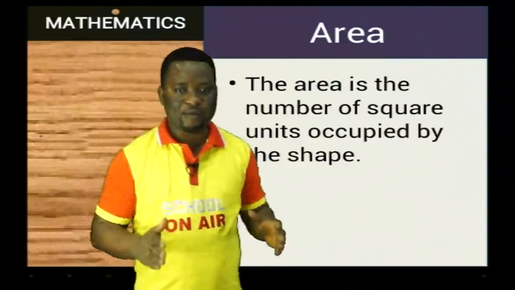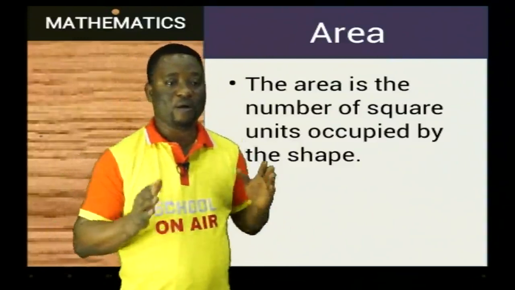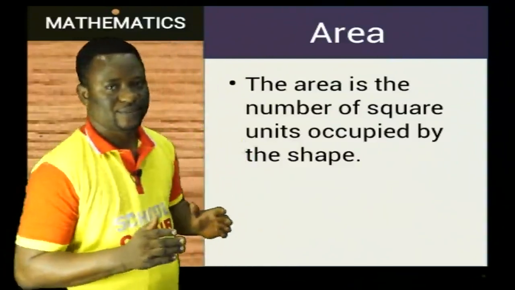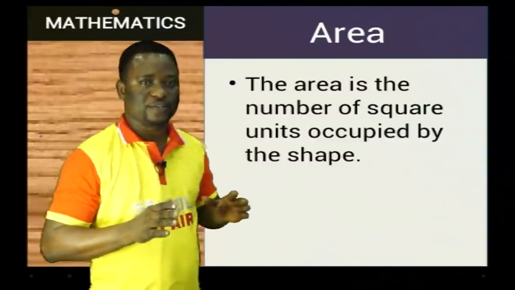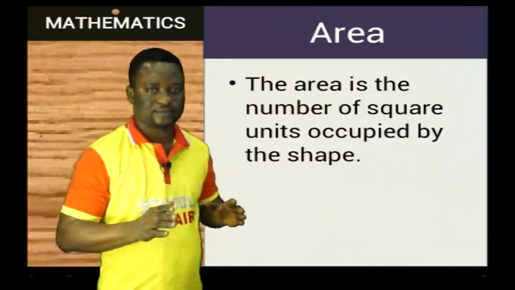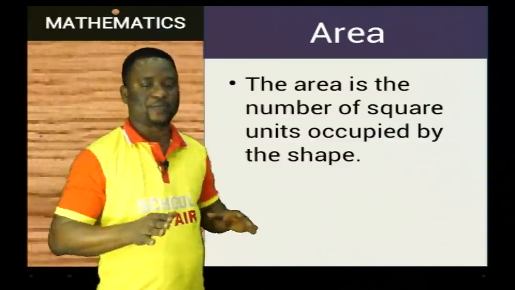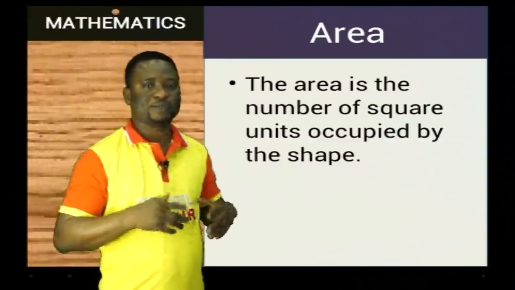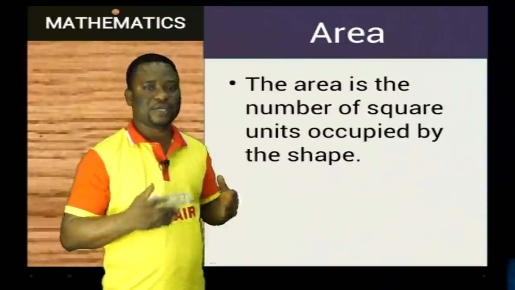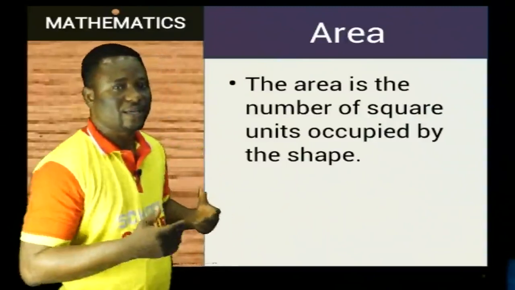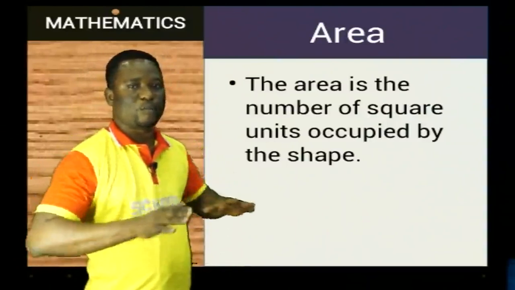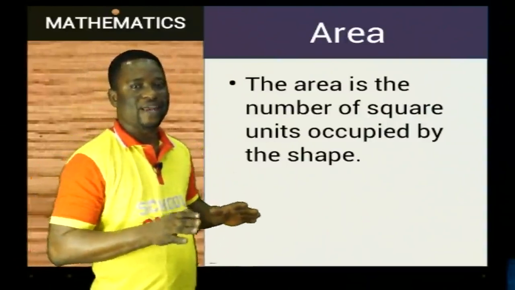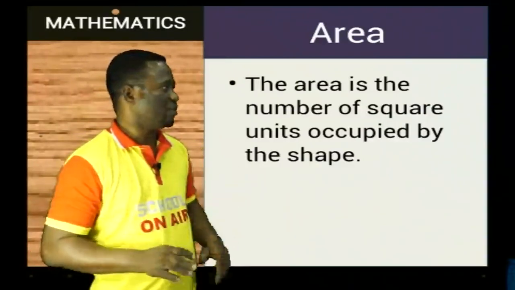The area is the number of units that the shape in question will cover if it is placed on a particular ground. One will say square. It can be in terms of millimeter, centimeter, or meter. So the number of squares that the shape is able to occupy or cover, that is the area of that plane shape.